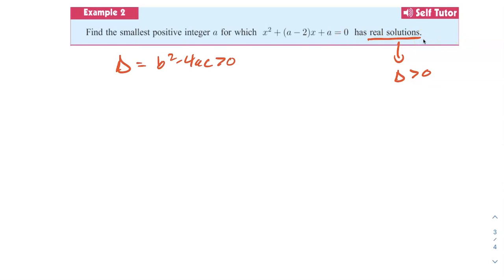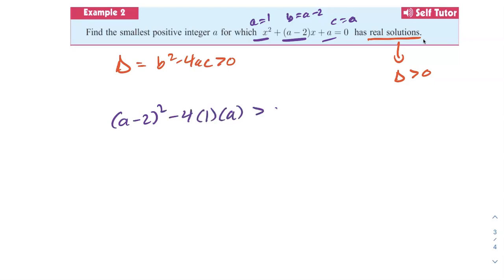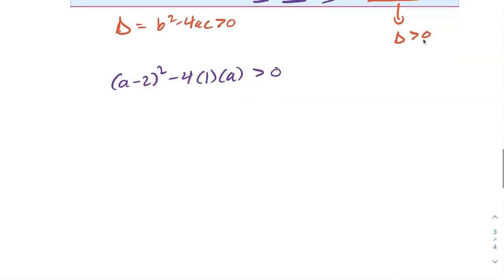My a is going to be 1 here, because I don't see a coefficient. B is a minus 2. And then C is a. So we're going to plug this in. I get (a minus 2) squared minus 4 times 1 times a should be greater than 0. Then we're going to solve this.